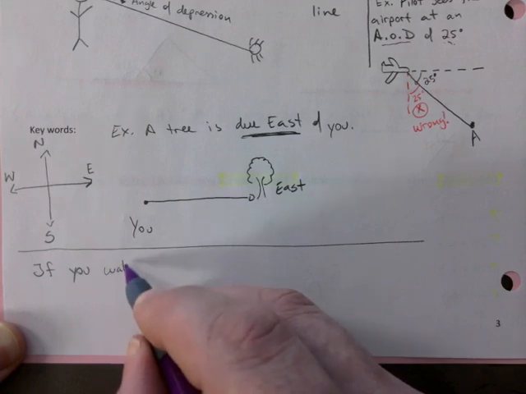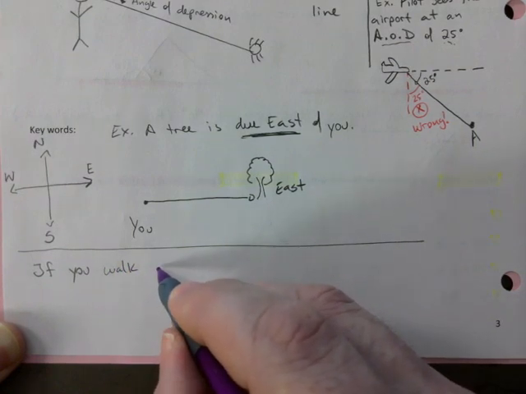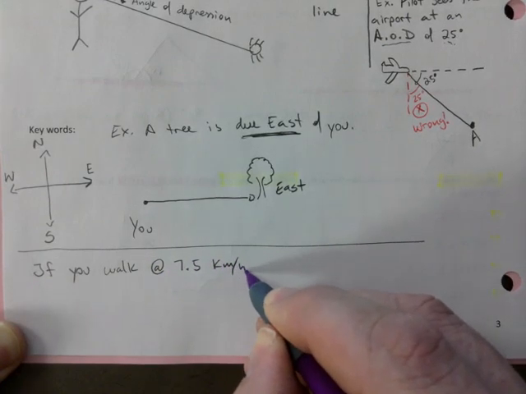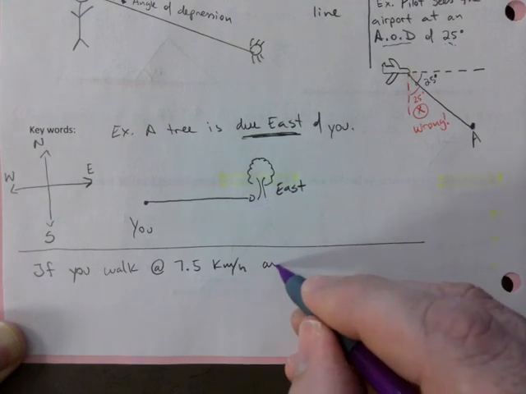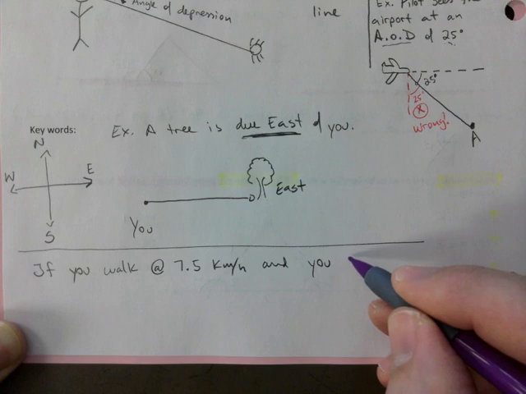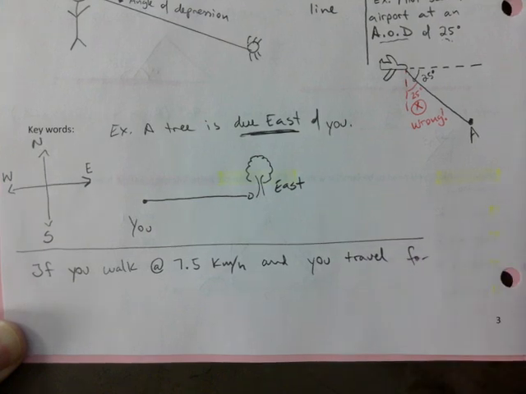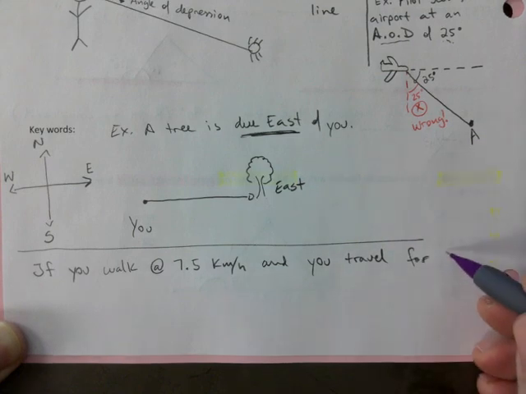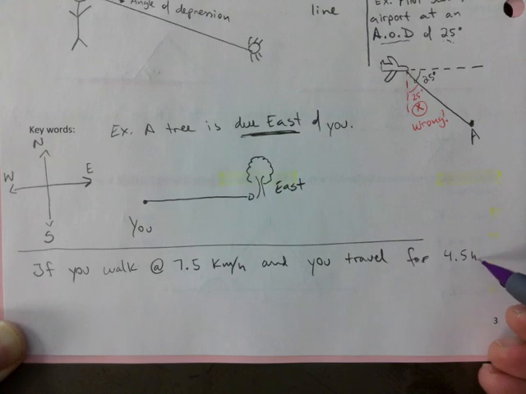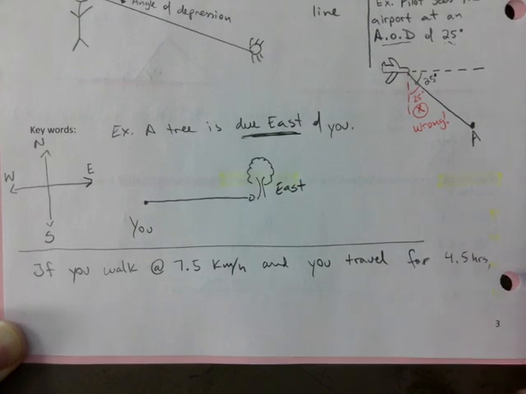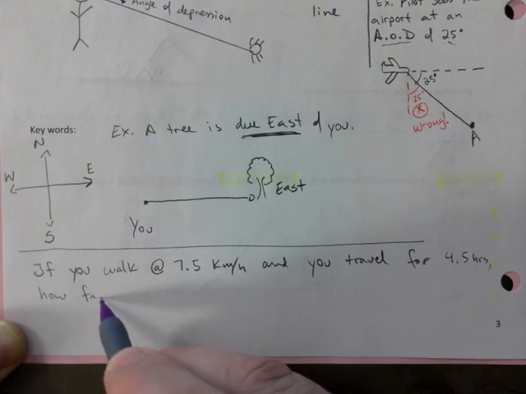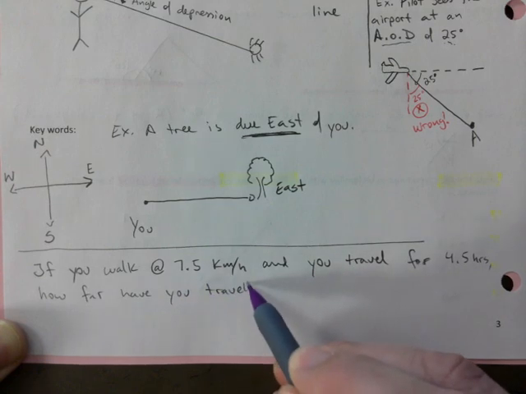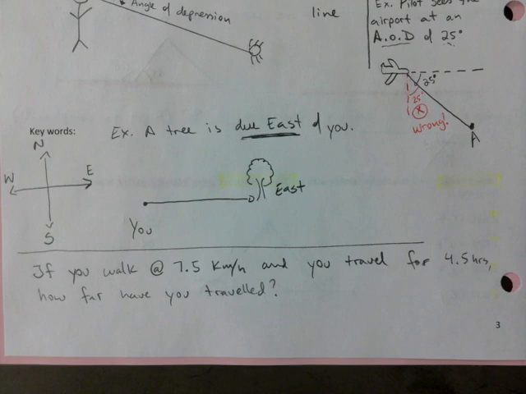If you walk at 7.5 kilometers per hour and you hike for 4 hours or 4.5 hours, right? How far have you traveled? How far have you hiked?